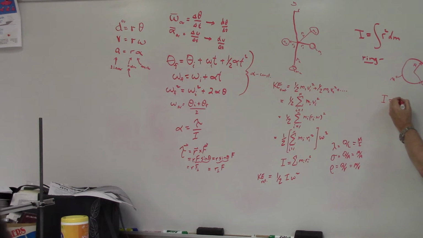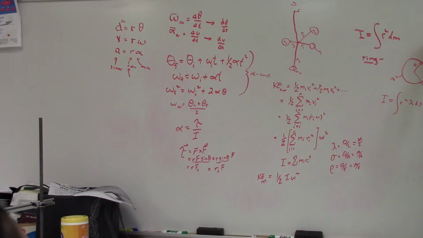With lambda ds, I can now put it into my definition for I, and I come up with the integral of r squared, and for dm I put in lambda ds. Lambda is a constant, so I'm going to factor it out. And in your pre-cal you learned that s equals r theta, so ds is going to be r d theta.